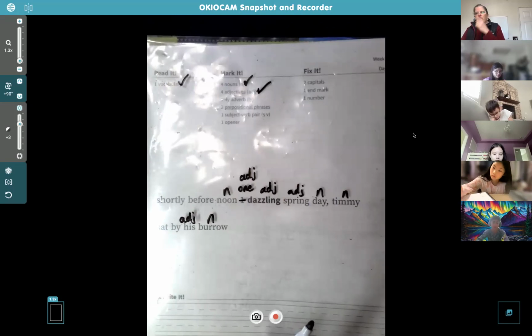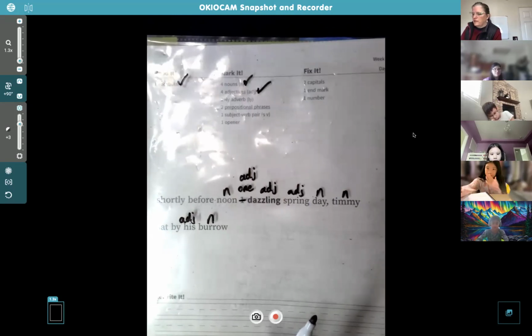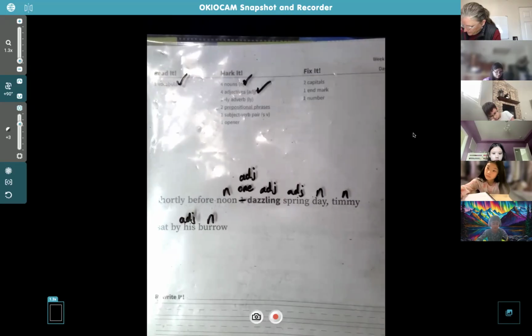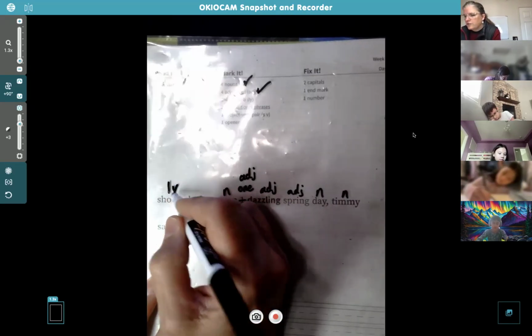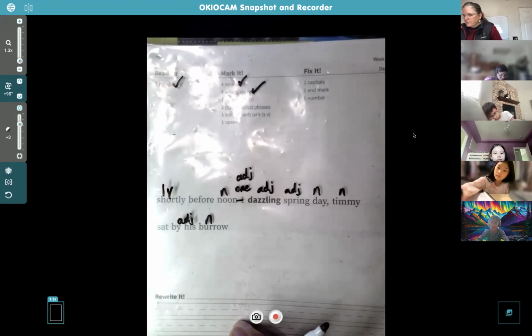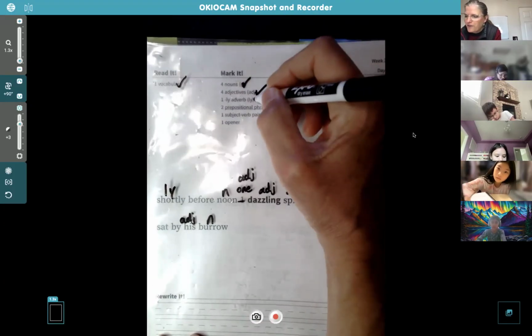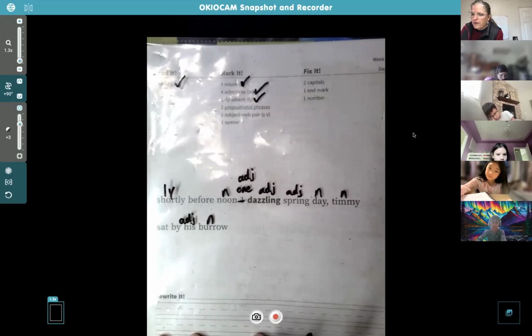How about the ly adverb, Sydney? Shortly. Good. Shortly is the adverb. We're going to come back to prepositional phrases, but how about Olivia? Can you find the verbs? There's just one.